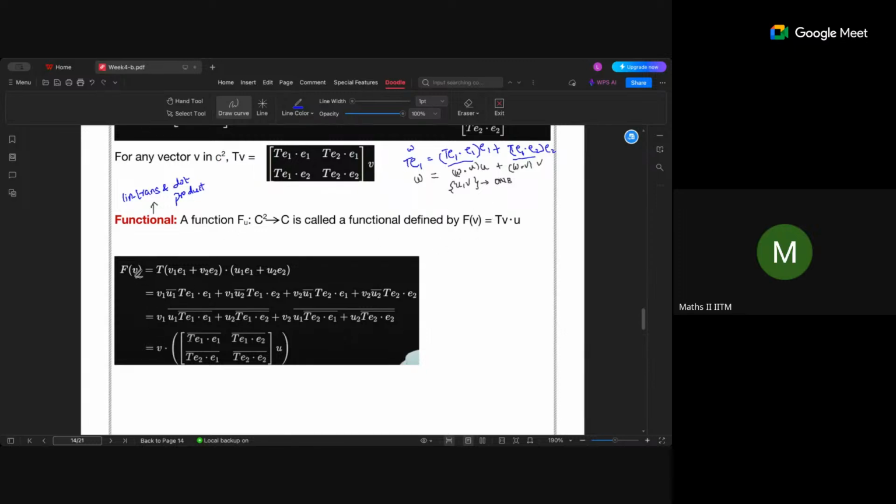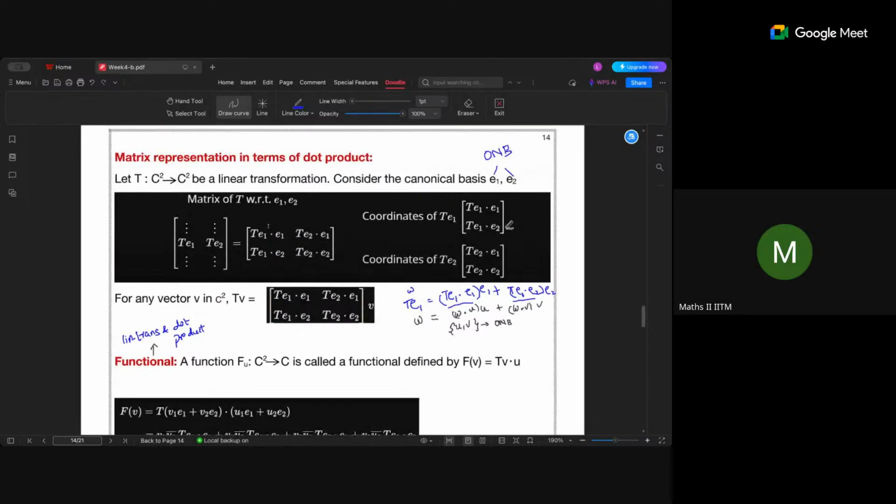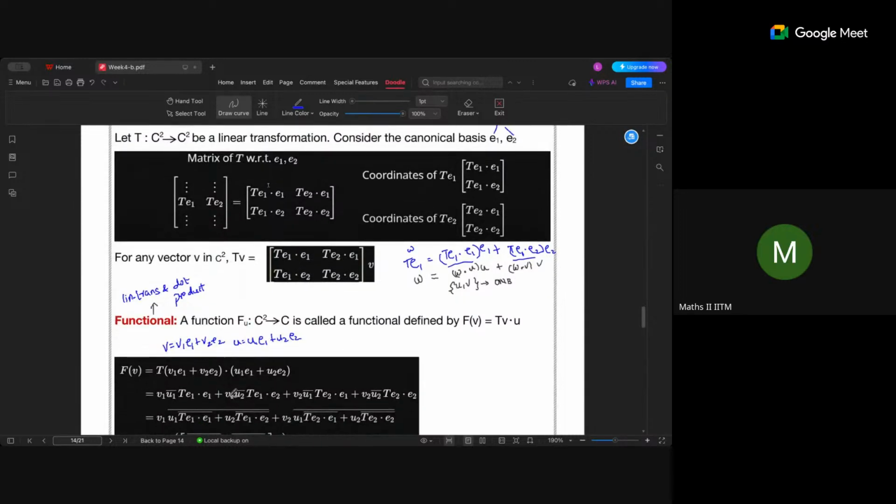Now f of v is T of v dot u. This is the definition. Now what is v? You have the canonical basis e1, e2, so v can be expressed as v1 e1 plus v2 e2. Same way u can be expressed as u1 e1 plus u2 e2. So I am replacing v and u with these expressions here. What's the next step?